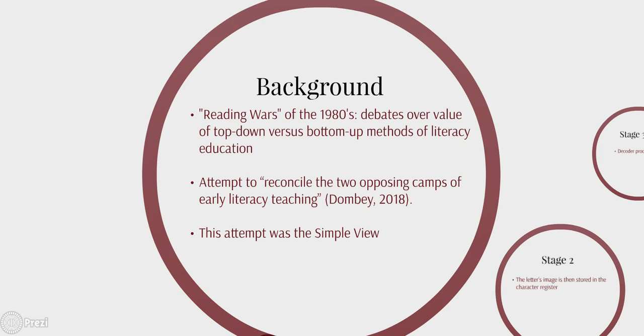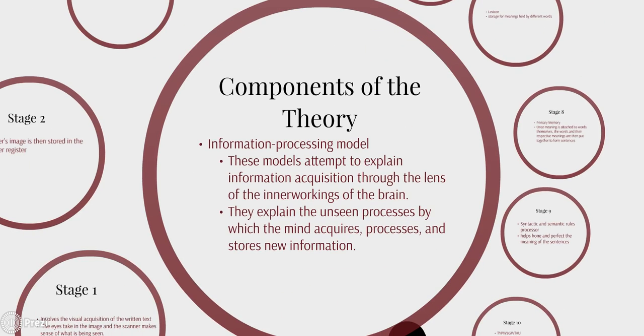We'll see how that plays out, but I'm just going to quickly go through the different components of the theory. It's an information processing model, which means that it tries to explain information acquisition through the lens of what's going on in the brain. So what processes are going on to acquire new information when somebody reads.